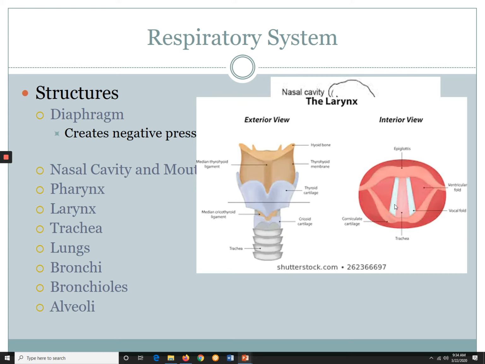And all of a sudden, your voice gets really high. On the flip side, if we want to get a lower tone, we relax those muscles and the band gets thicker, and all of a sudden we get much deeper voices. And that's how we control the tone of our voice. And that's the voice box.